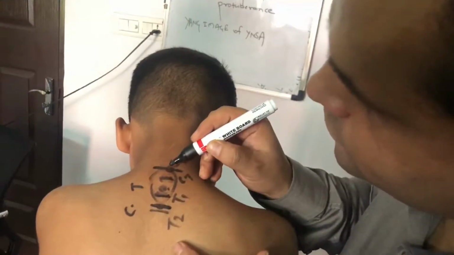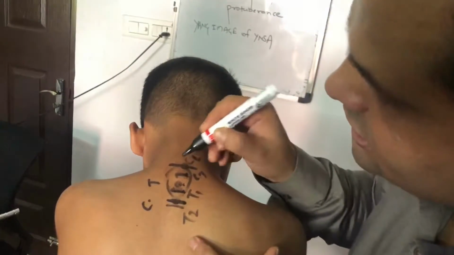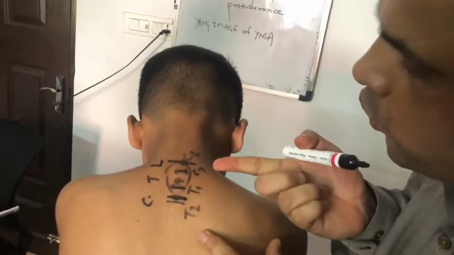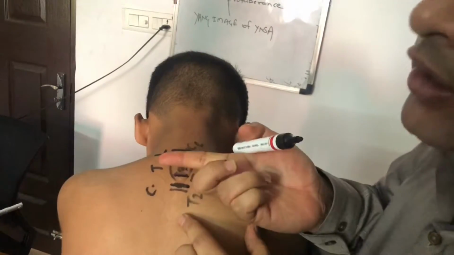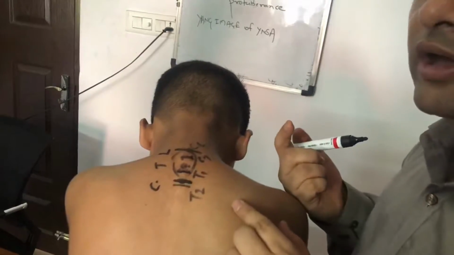And if you insert a needle between C7 and C6, this is the treatment of lumbar spine. Just one needle for lumbar, just one needle for thoracic, and just one needle for cervical.